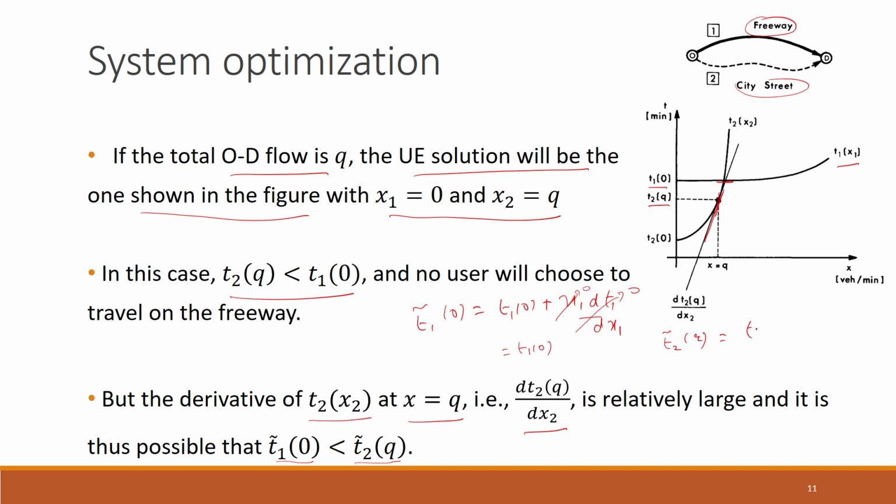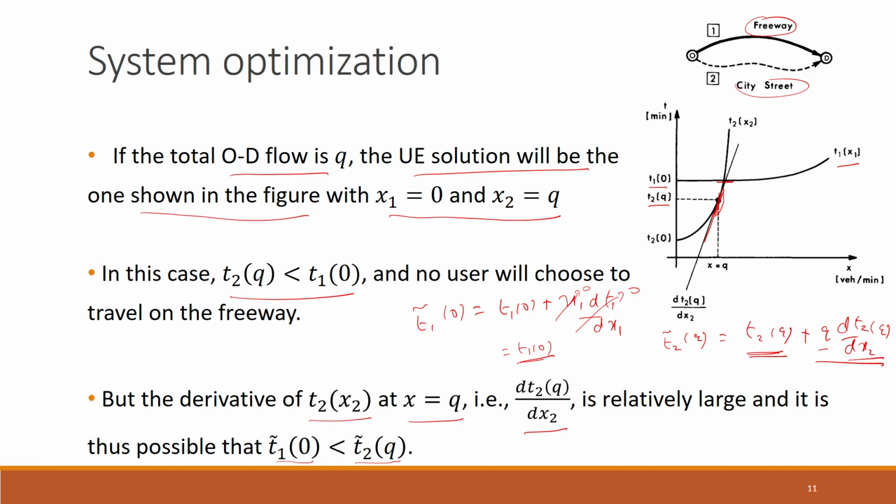This is equal to t_2(Q) plus Q times dt_2/dx_2 at this flow Q. Now Q is positive and this slope is also positive, seems quite large here. So it can happen that although t_2(Q) is less than t_1(0), when we add this term also to t_2(Q), it can be bigger than t_1(0).